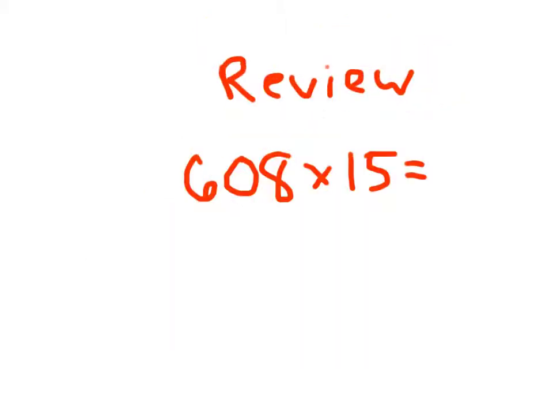So here's our review. Again, write things vertically. After you write things vertically, go step by step. If we multiply by that 5 first, we've got 5 times 8 equaling 40, 0, regroup a 4. And so that regroup work has to go from the ones place to the tens place, or from the tens place to the hundreds place.